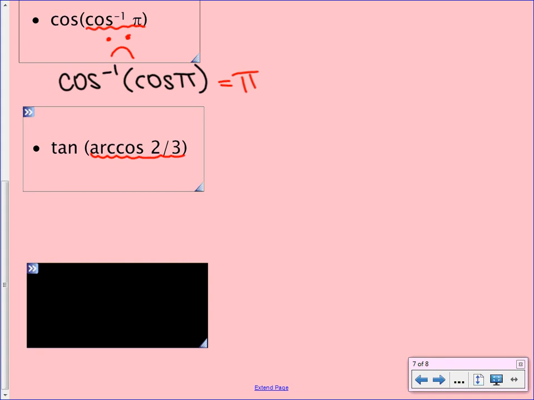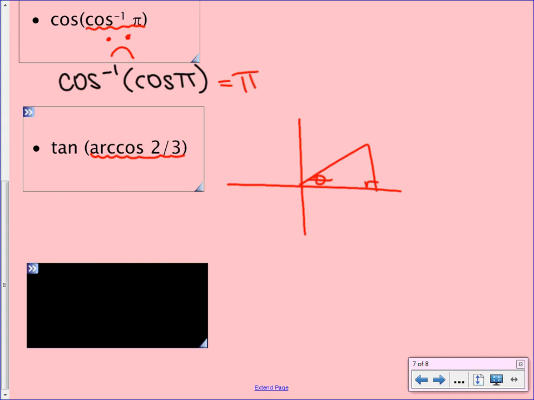That is describing an angle. Where is this angle? It's going to be in quadrant 1, right? Our ratio is positive, so we better be in quadrant 1. Inverse cosine describes angles from quadrants 1 or 2. We're going to place it in quadrant 1 since we have a positive 2/3.